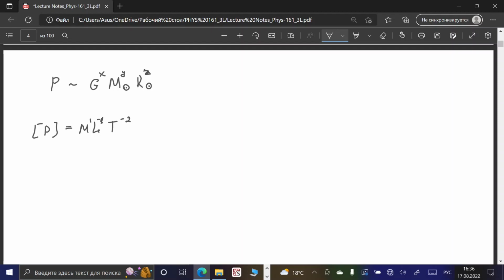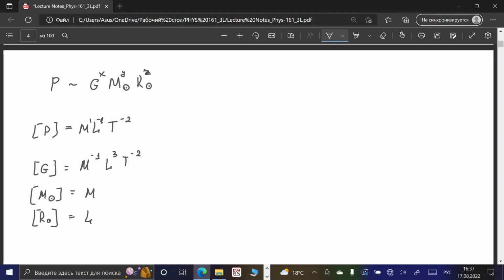And right side will be, so dimension of this constant G, gravitational constant, that will be mass minus 1, L in third power, and T minus 2. And when we have two more parameters, that will be mass of the sun, which actually is just mass dimension, and radius of the sun, and that is length dimension.